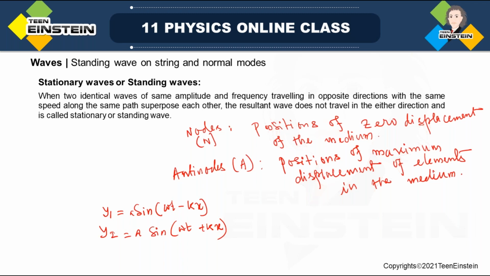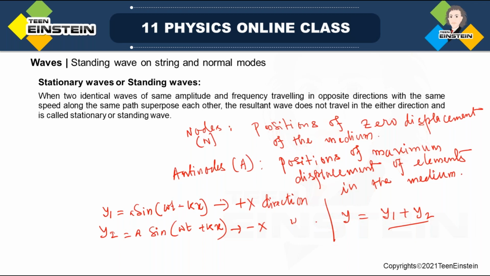One is traveling along positive x direction, and another is traveling along negative x direction, and their superposition will give you the standing wave. That is what we have learned yesterday, and depending on that we have found out a few conditions.